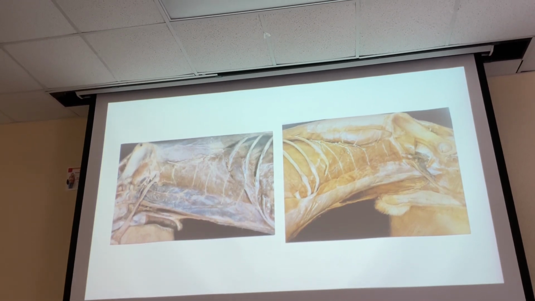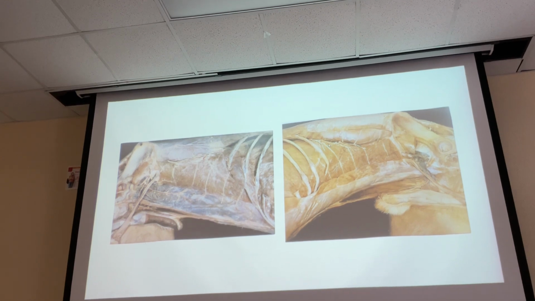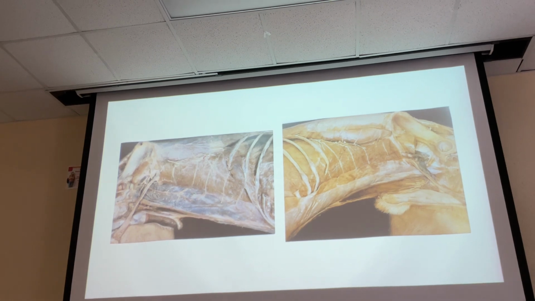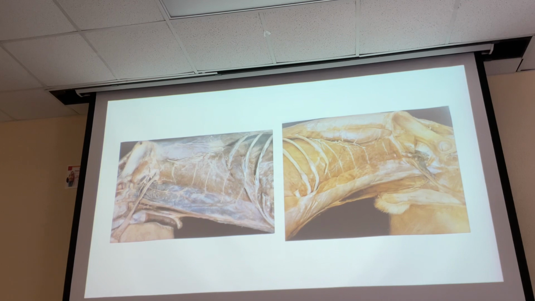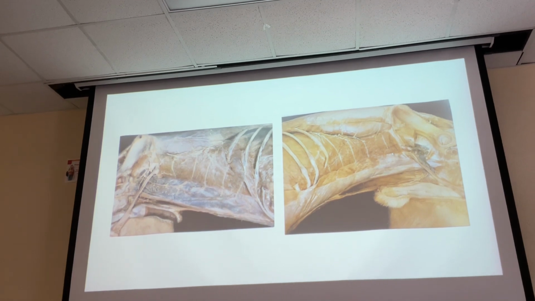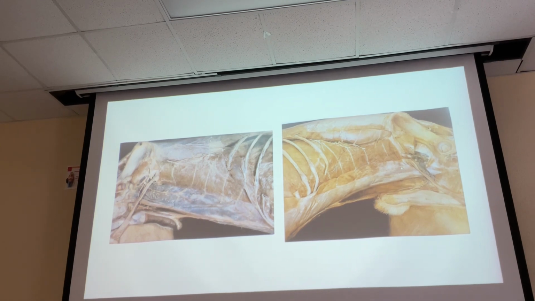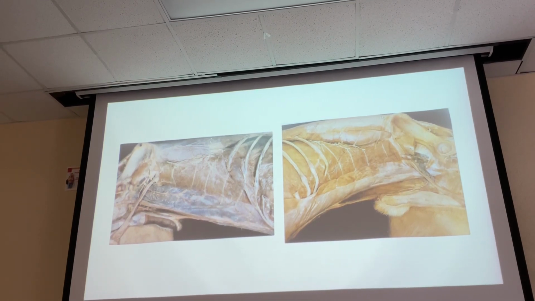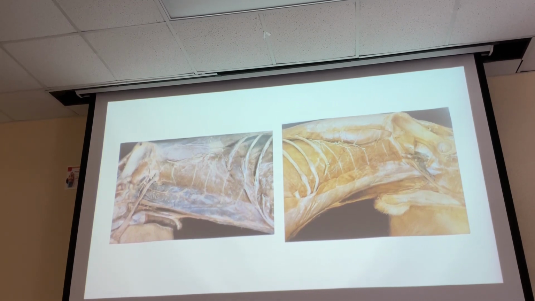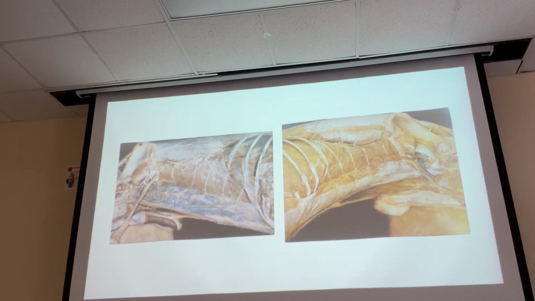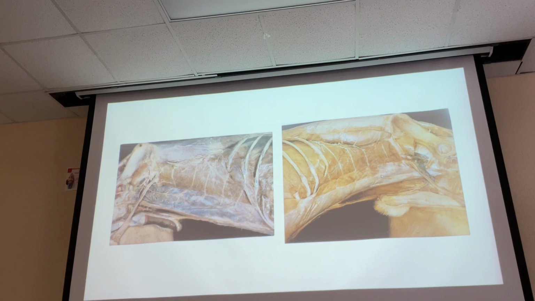They call L1 the cranial iliohypogastric. L2 is the caudal iliohypogastric. And then the third one is the ilioinguinal. So, the major nerves that innervate the abdominal wall are T13, cranial iliohypogastric, caudal iliohypogastric, and ilioinguinal.